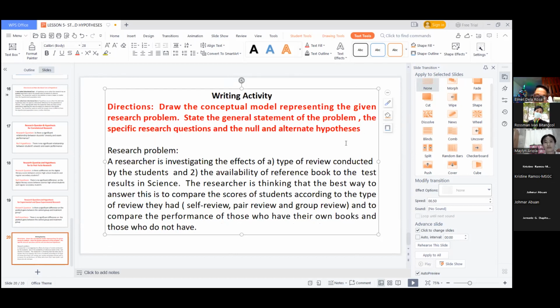Ah? Ex-post facto po. Bakit ex post facto? Yung may book po and mamimili ka po ng may mga books and yung may mga walang book. Parang hindi ko yata matanggap yun na paliwanag kasi tunog experimental din yun eh. Bakit ex post facto?